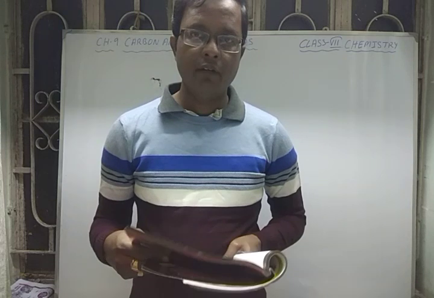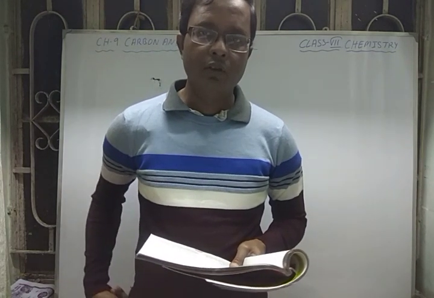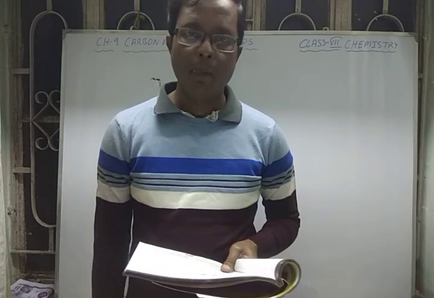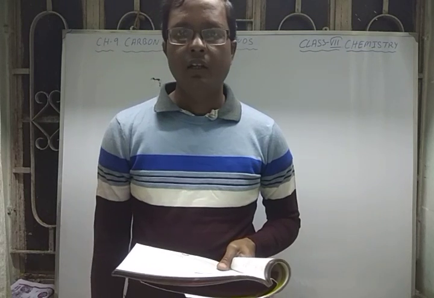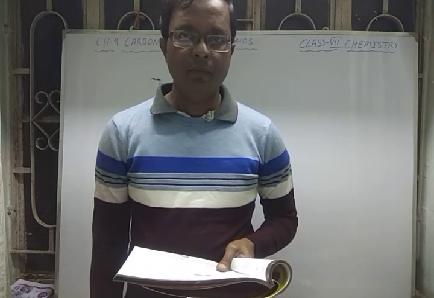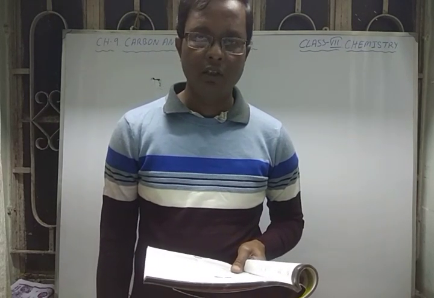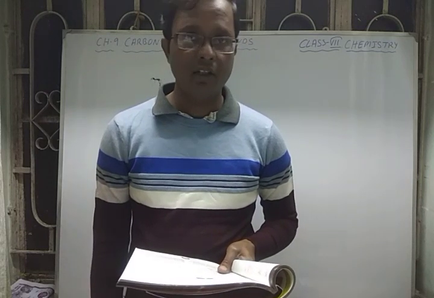As I have already told you, remember all the symbols of elements and their valencies. These are the two important things we need to frame a chemical formula: elements, their valencies, and the radicals and their valencies with their symbols.